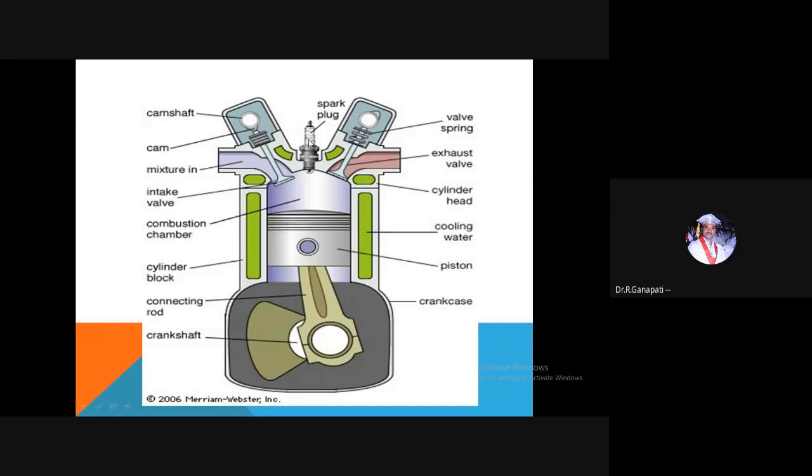There is a spark plug, and this area is the combustion chamber, the engine cylinder, the piston and piston rings, and the piston pin, also called the gudgeon pin. There is the connecting rod and the crankshaft. The big end of the connecting rod is connected to the crankshaft, and the small end is connected to the piston.